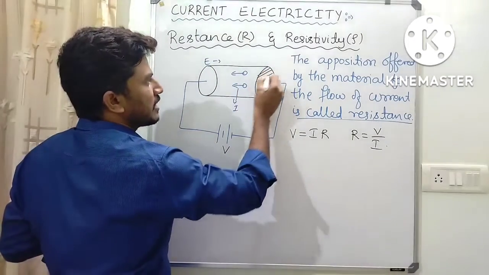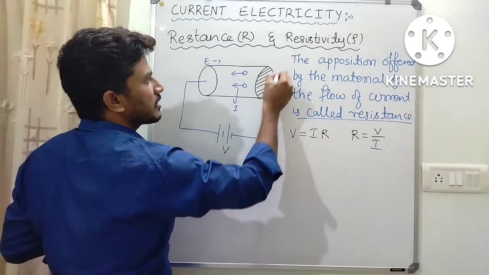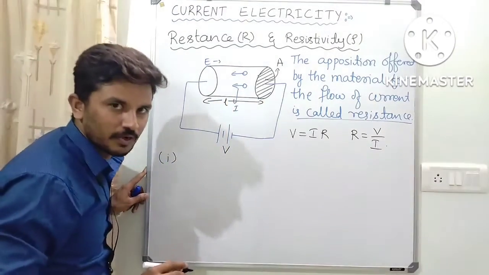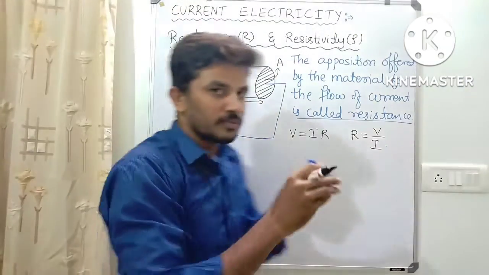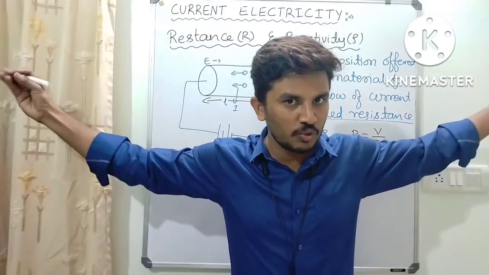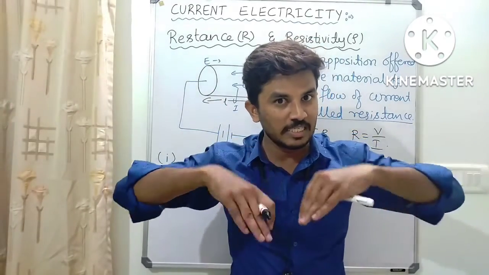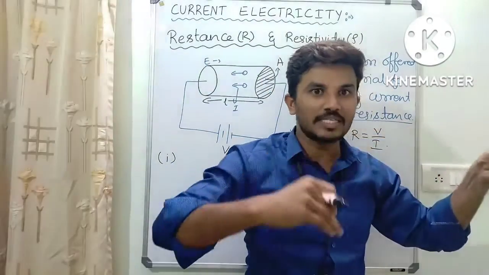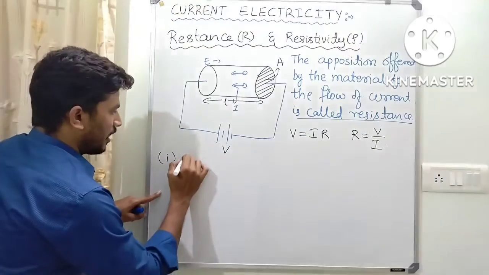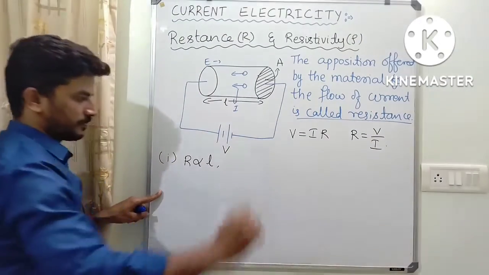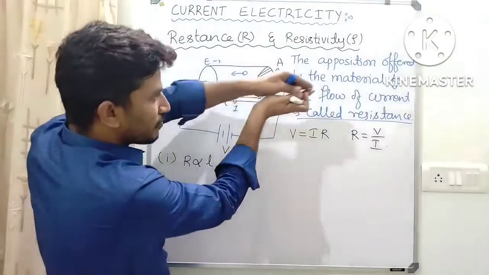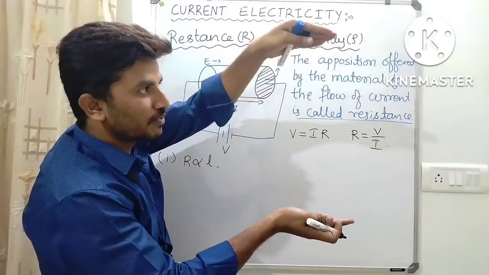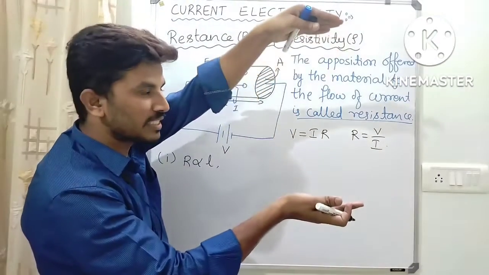If I consider this the area of cross section, and the length of the conductor is L: if the length of the conductor is huge, resistance is also huge, because the charge has to travel a longer distance. So R is directly proportional to L. Second, if the thickness of the conductor is more, resistance is less.